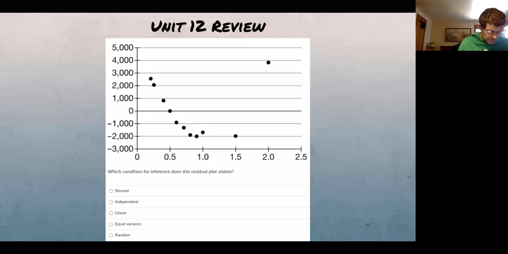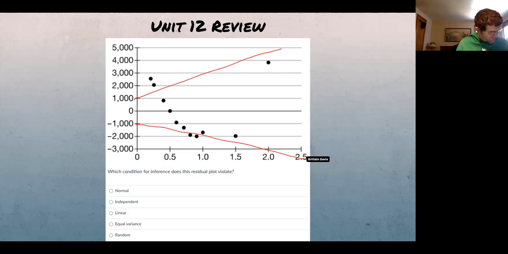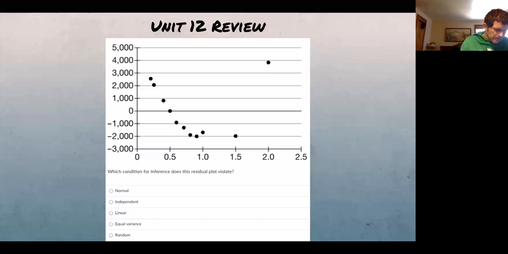Now, I don't think you're wrong by saying the equal variance isn't met, but typically that's something else. That's whenever we see a trend that looks like this. But here we're also seeing very clearly that there is a nonlinear trend going on. This can show up in your residual plot that doesn't show up in the scatter plot.